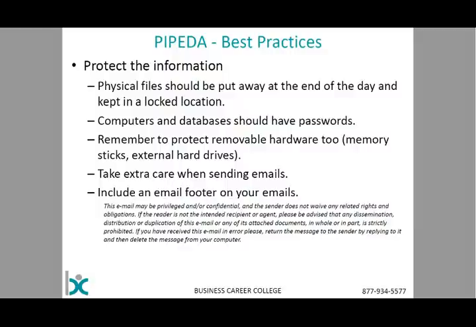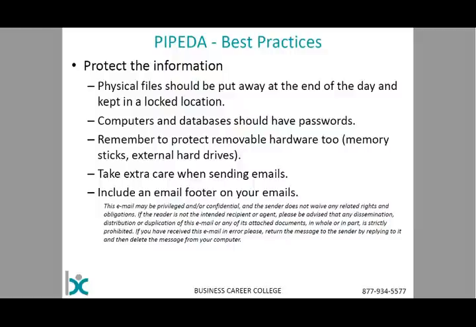So you're saying that you want them to protect the privacy of this person as well. And then the last part of it, you're putting a call to action there. So you're saying, if I sent you this email in error, let me know that I sent it in error so that you can follow up regarding this. And then you're asking them also to delete the message. So that's some of the technical things that you personally could do to help you follow PIPA.